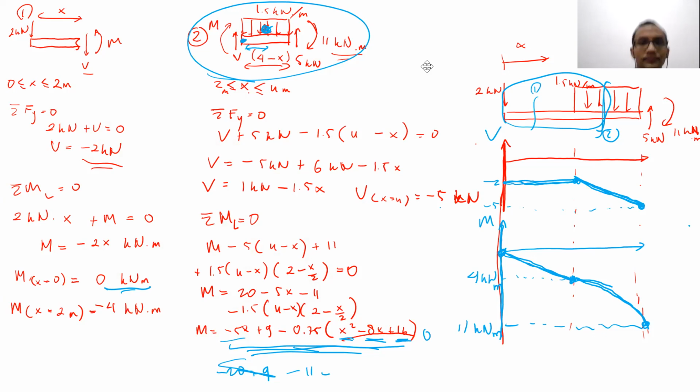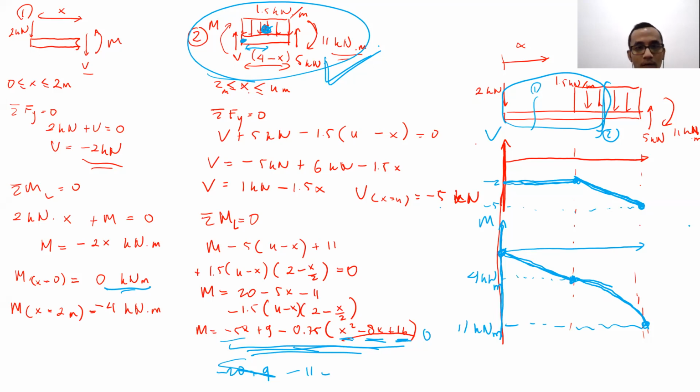But then why did you cut from the left to count that quadratic form? Quadratic. Yeah, this one is from the right. Oh no, I meant cut from the left. So that the external force is only 2 kilonewtons.